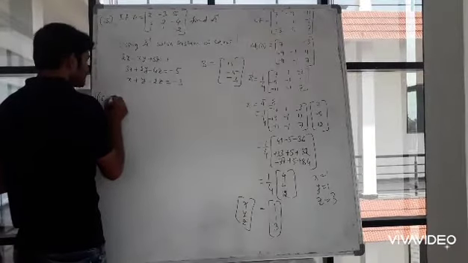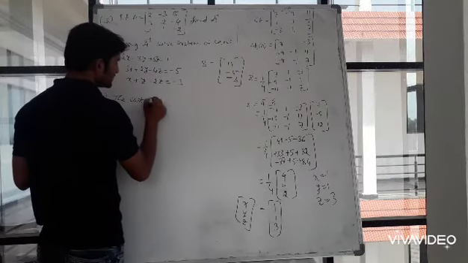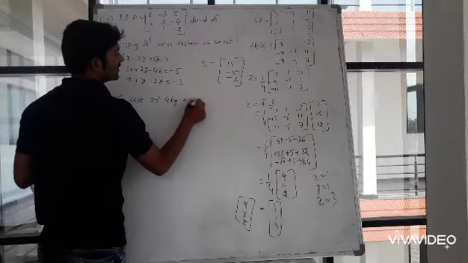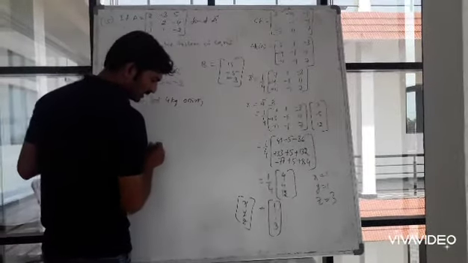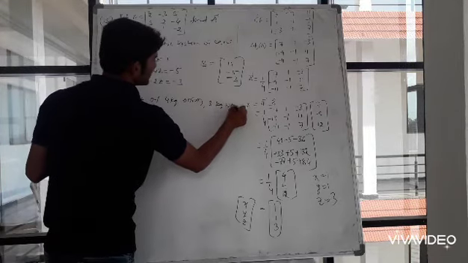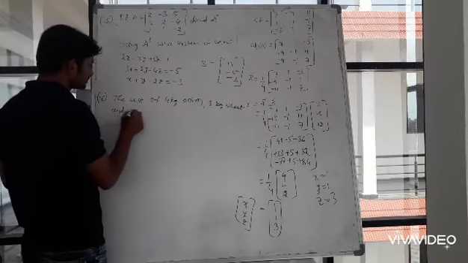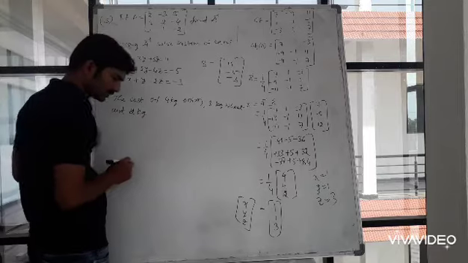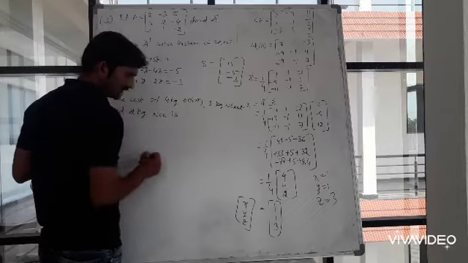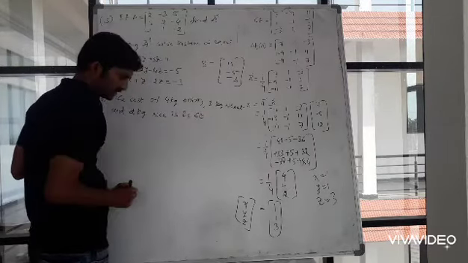Right now, in words they have given: the cost of 4 kg onion, 3 kg wheat and 2 kg rice is rupees 60.